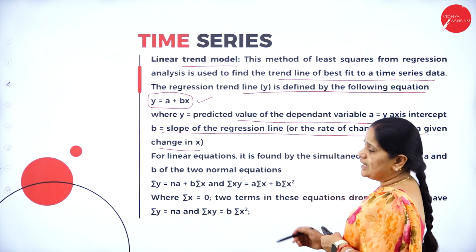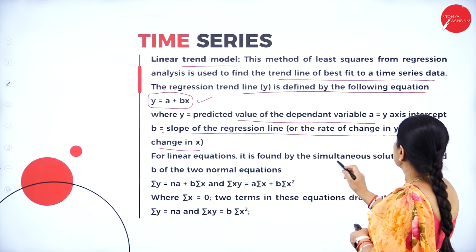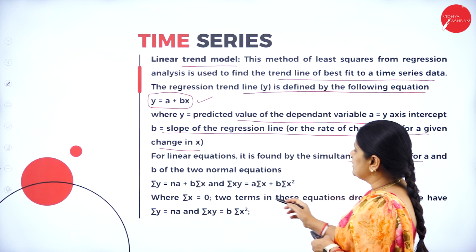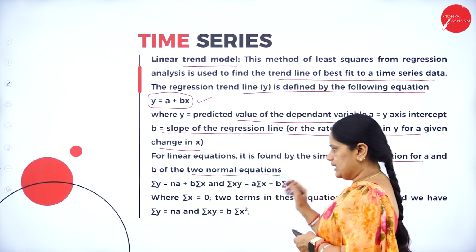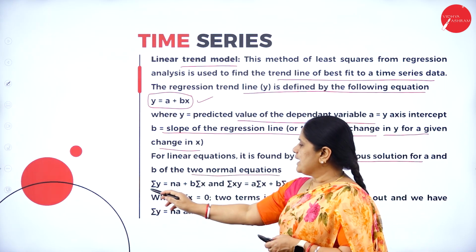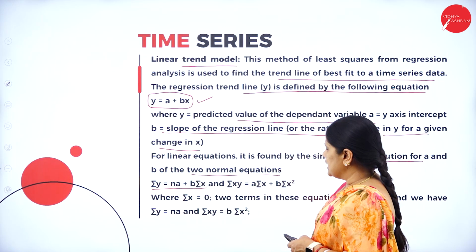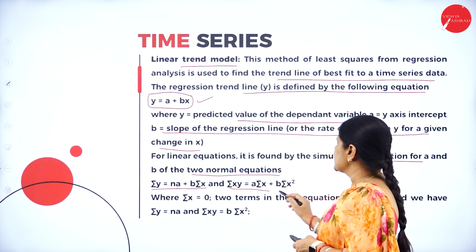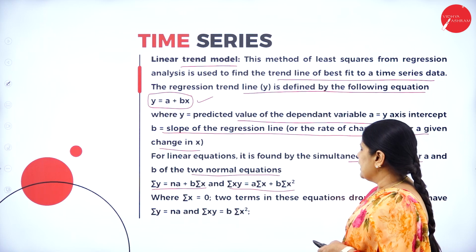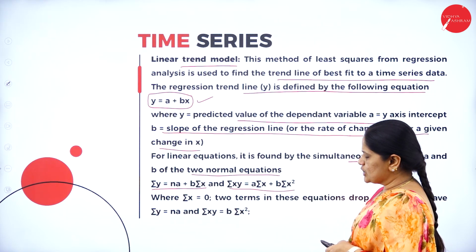For the linear equation, it is found by the simultaneous solution for a and b of two normal equations. Now, sigma y equals na plus b sigma x, sigma xy equals a sigma x plus b sigma x square.